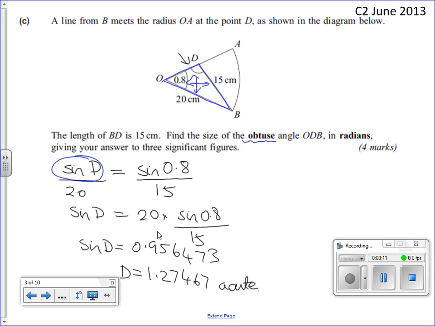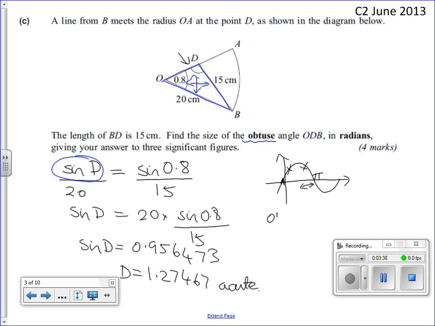So what we've got to do now is work out what the obtuse angle is that has the same value for sine. Now you may remember, or you may need to do a sketch. Here is a sine graph that should go through 0. If we've got one angle here, so that's our acute angle, to find the one here we need to take it away from pi.